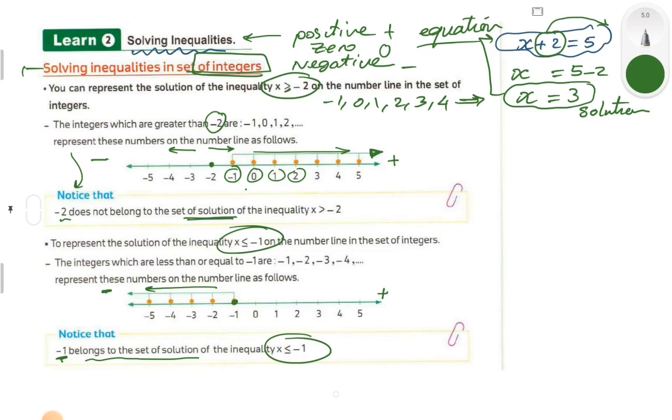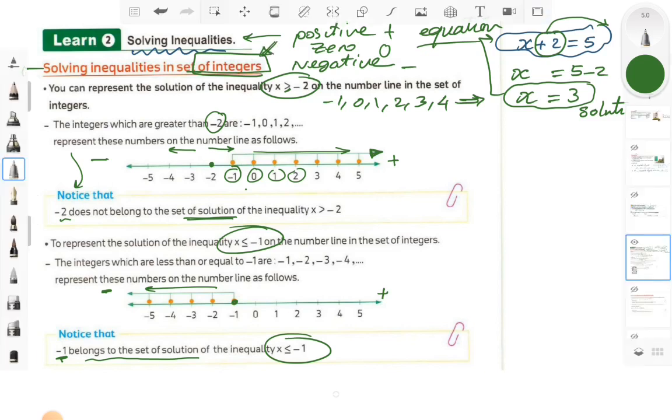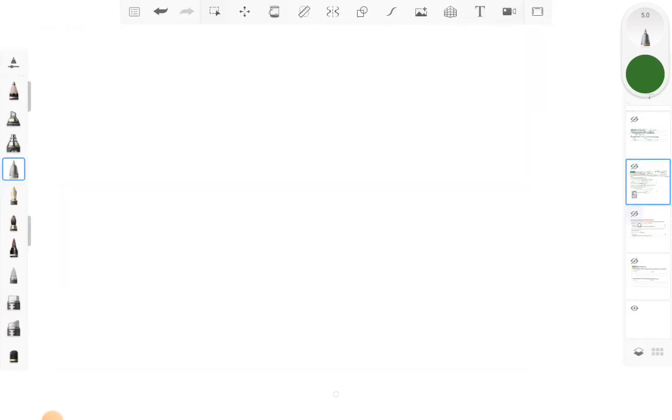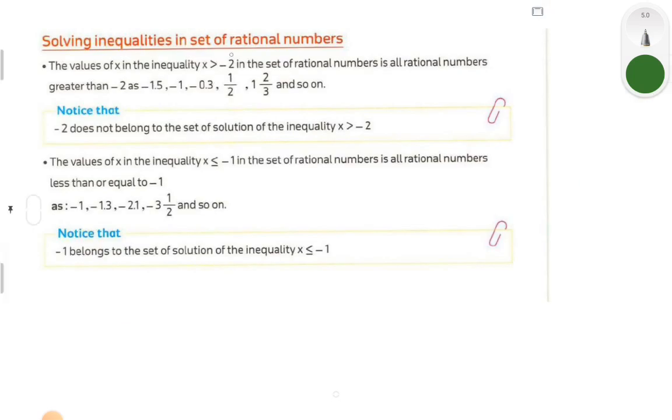This is the solution, or how to solve the inequality in what? In the integers set. But we have another set called rational numbers. If he asks us to solve this inequality in rational numbers, we have here x greater than -2, not equal, there is no equal, so -2 is a wrong solution.